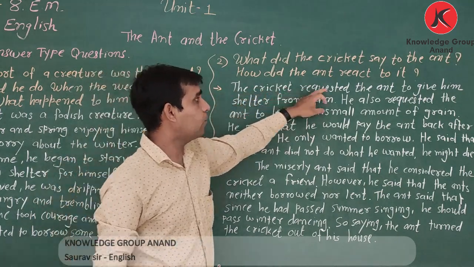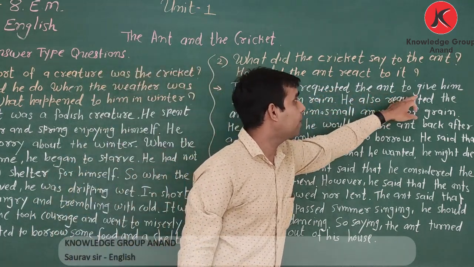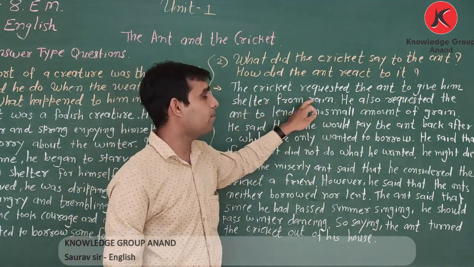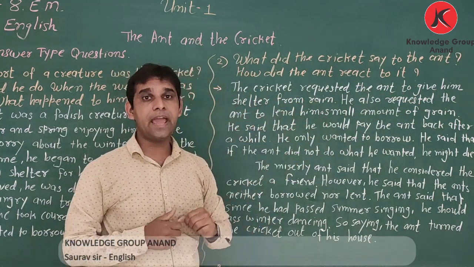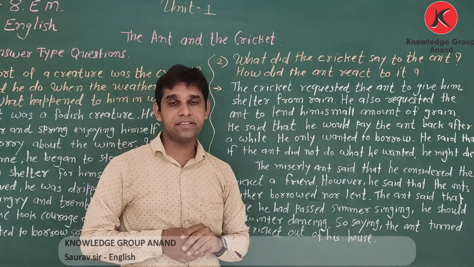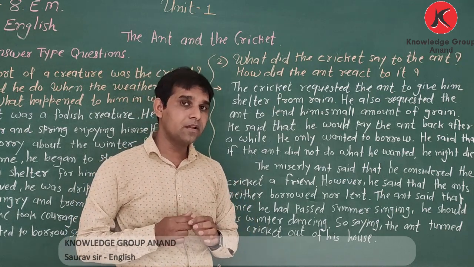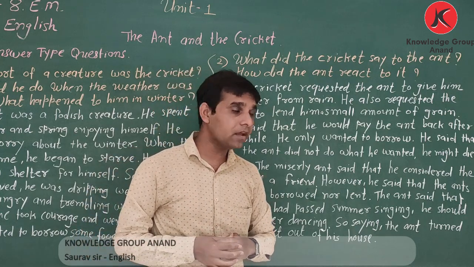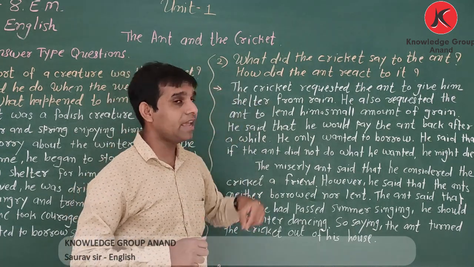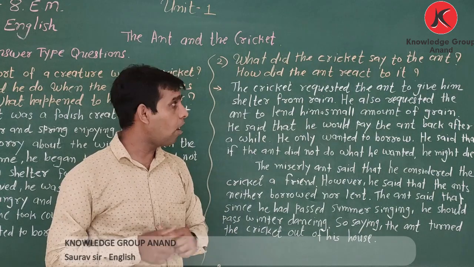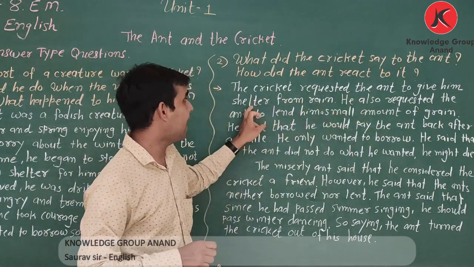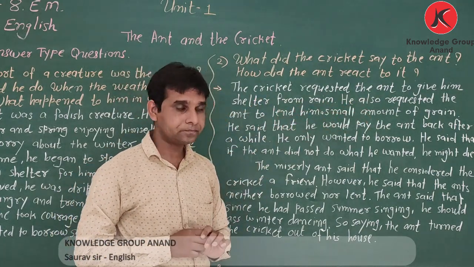The cricket requested the ant to give him shelter from the rain. The cricket had not prepared shelter and food, had not gathered food in the summer season, and did not worry about the winter. So what did he do? He requested the ant when the winter came, to give him shelter from the rain.